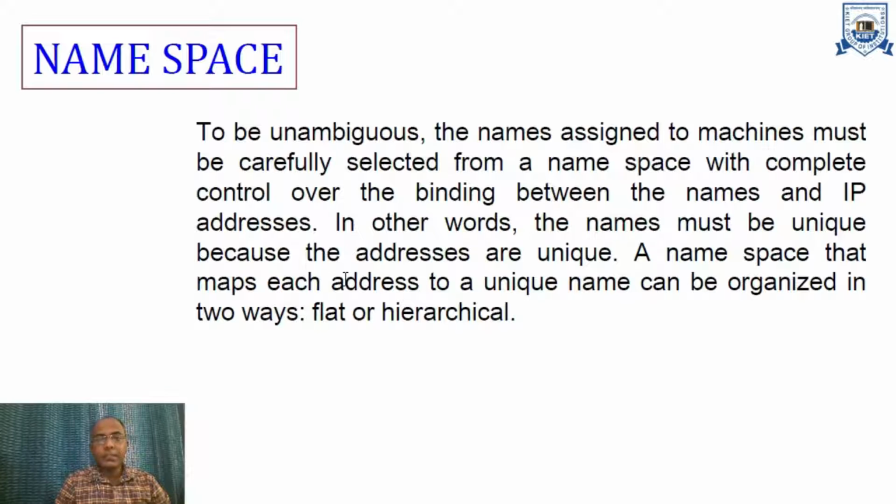A namespace that maps the address to a unique name can be organized in two ways: a flat namespace or a hierarchical namespace. Important is that any English term, any particular domain name which we are using, should be unique. I cannot just use any domain name. If yahoo.com has already been taken by one company, I cannot use that domain name as my own.